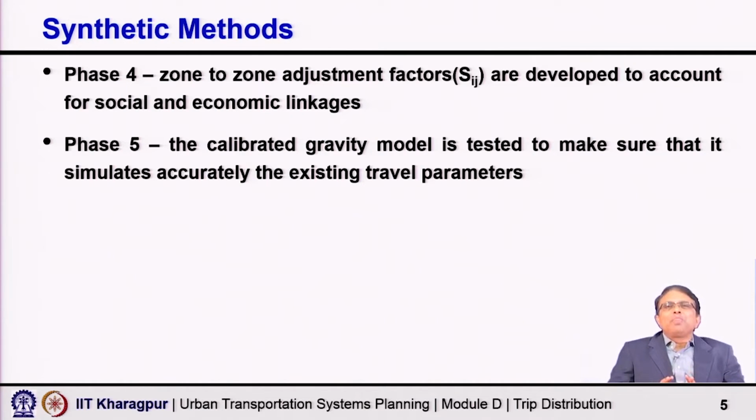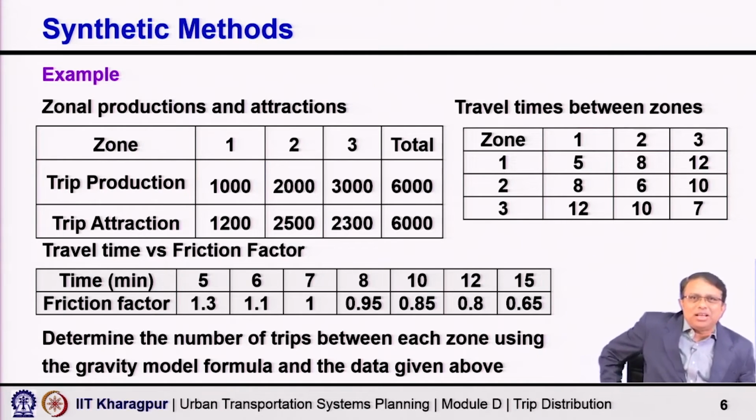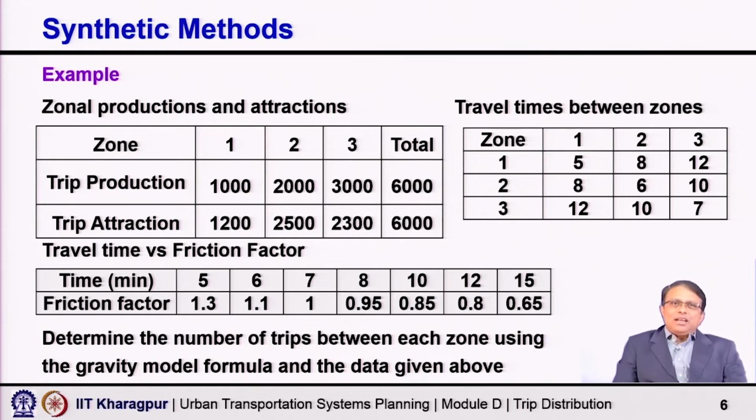Now, I want to do the synthesis of the current travel pattern. I want to get the cell values, so how to get them? Let us take a small example with only 3 zones.